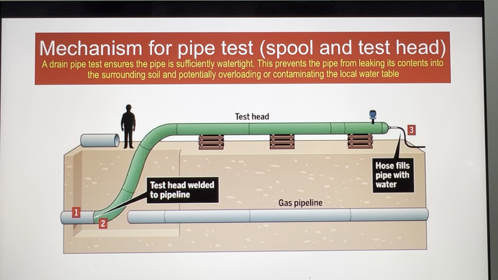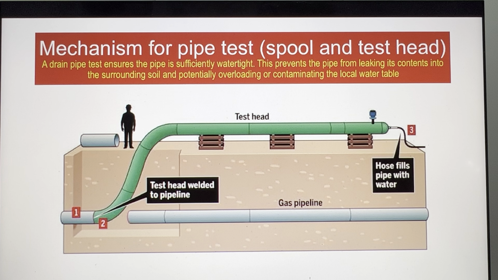Because you need to fill that with water and lock the pressure at certain PSI, and within 24 hours or maybe 48 hours depending on the requirement of the client, from the time it was locked, check whether there is a pressure difference.